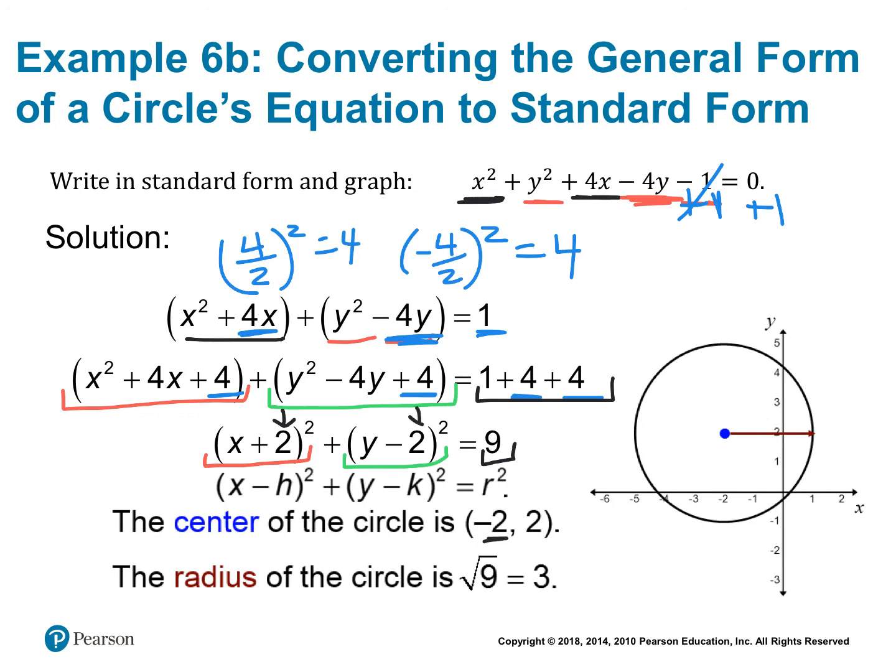This would just be minus a positive 2. So that's where they got this center at negative 2, 2. And then the square root of this 9 gives you a 3 for the radius. So they have the radius drawn in red. And that is the end of our circle lesson and the end of our chapter 2 topics.